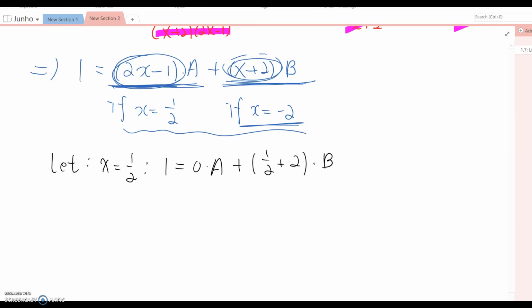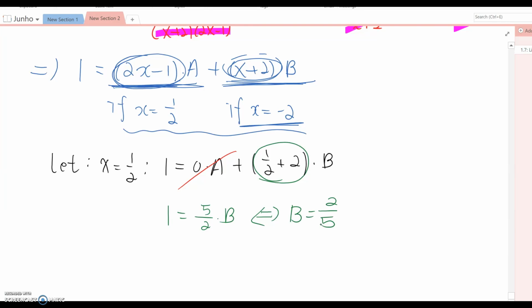As you see, 0 times A means 0, so it's nothing. So you can go to the next step: 1 equals, you combine this to a fraction, then you will get 5 over 2 times B. Multiply by the reciprocal, then you get B equals 2 over 5 here.